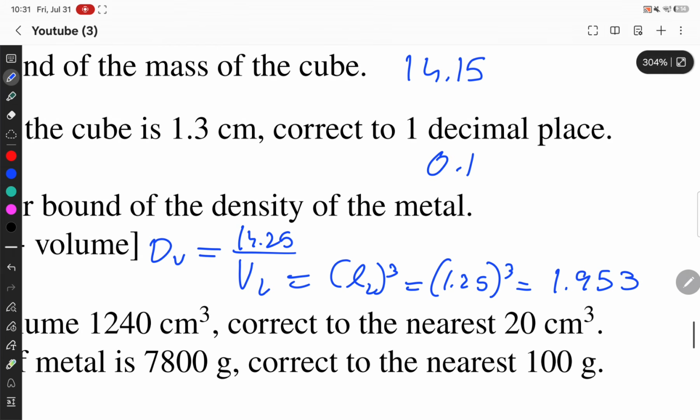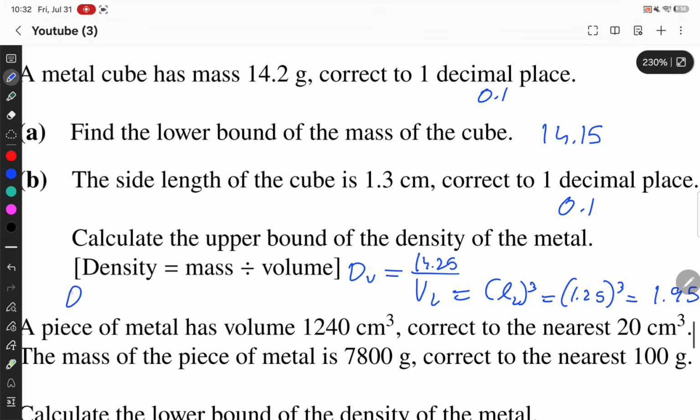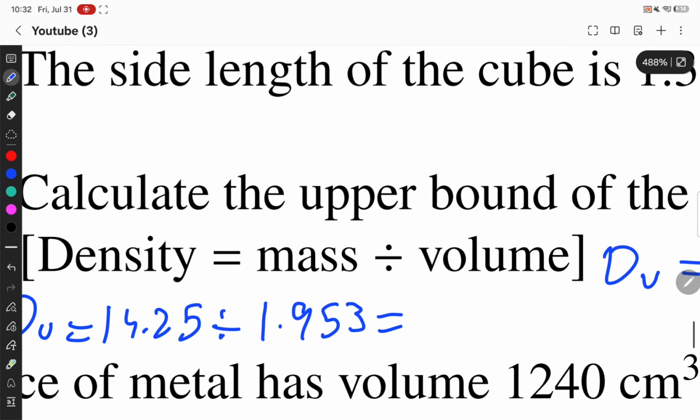Take it to 3 decimal places. Now this is your working. So D of u is equal to 14.25 divided by 1.953, which is 7.296.